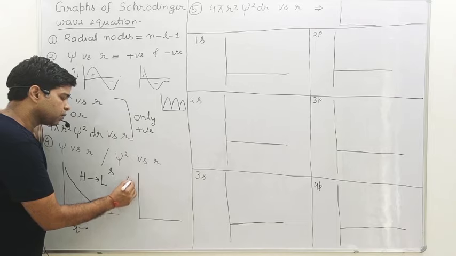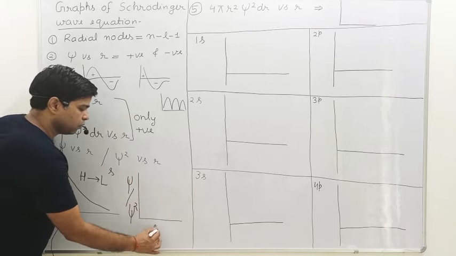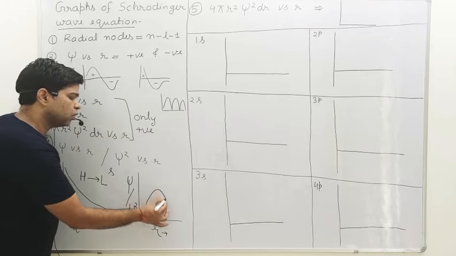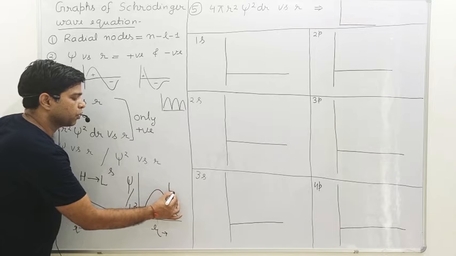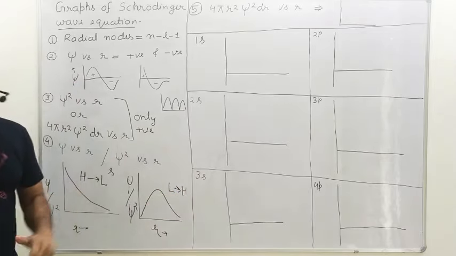And when you draw the graph of psi versus r, or psi square versus r for the p orbital, you should remember that these graphs you have to start from lower to higher. These are the two important points. If you remember these 2 points, you will obviously solve all the questions.